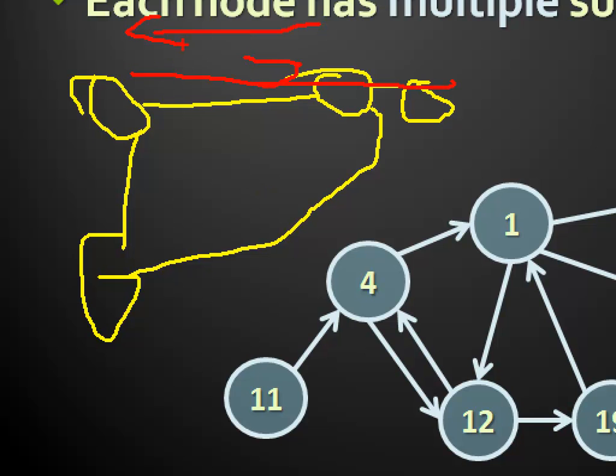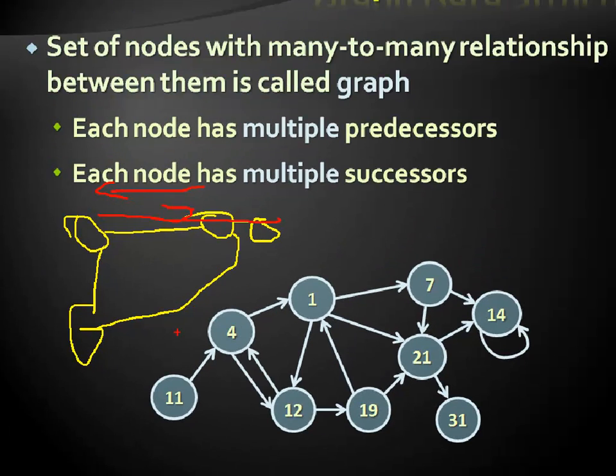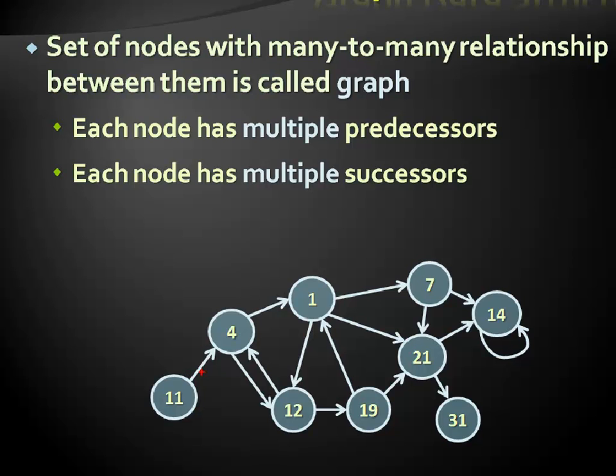You can travel in both directions. The other type of graph, which you see here, is called a directed graph. In a directed graph, you can't reach 11. You can go only from 11 to somewhere, but you can't go from 4 to 11, for example. Yeah, that's a one-way street.